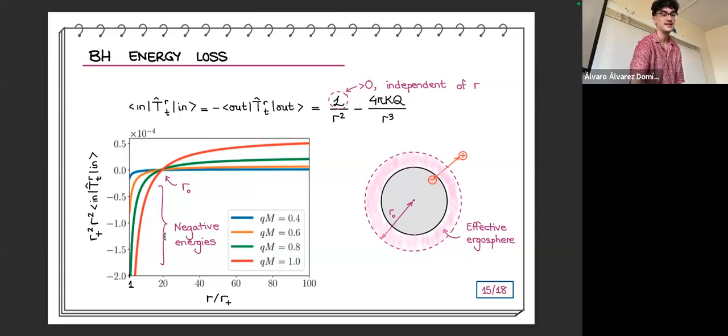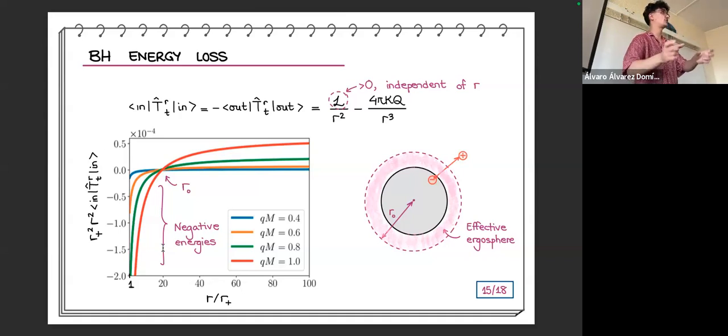What we see is that we have negative energies in a region close to the event horizon, which is quite similar to what happens in rotating black holes, very close to the horizon.